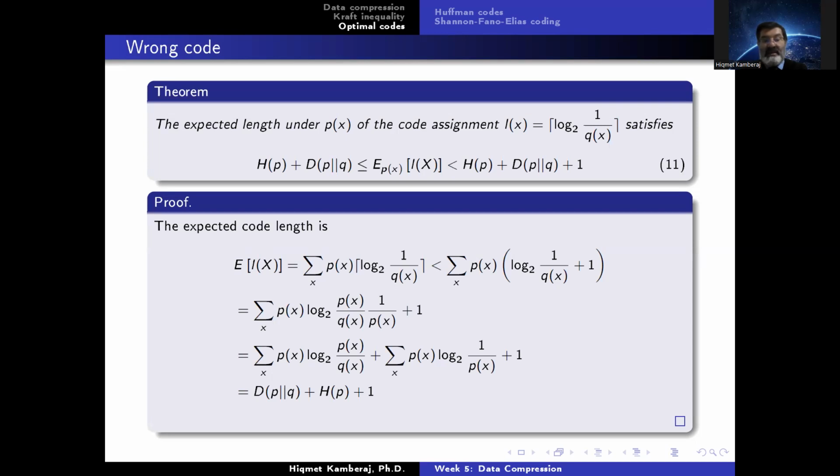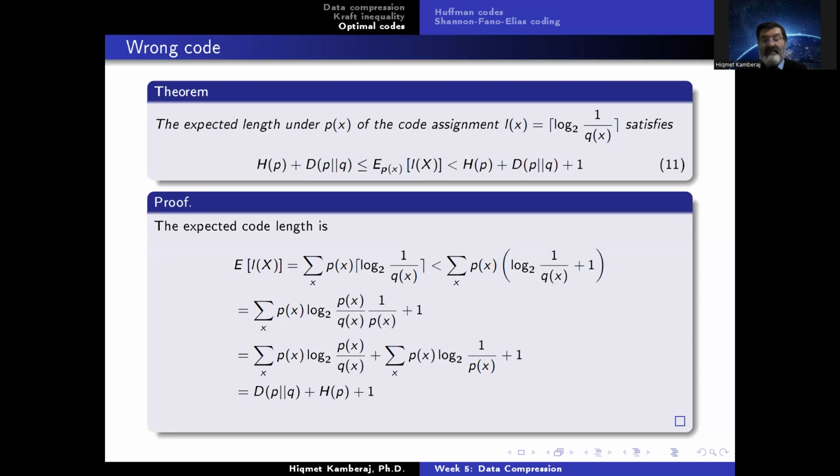Then this is equal to the sum of all x's P of X log with base 2 of P of X, so I multiply and divide by P of X, P of X over Q of X times 1 over P of X, plus 1. Then I write this one as a sum of two terms.